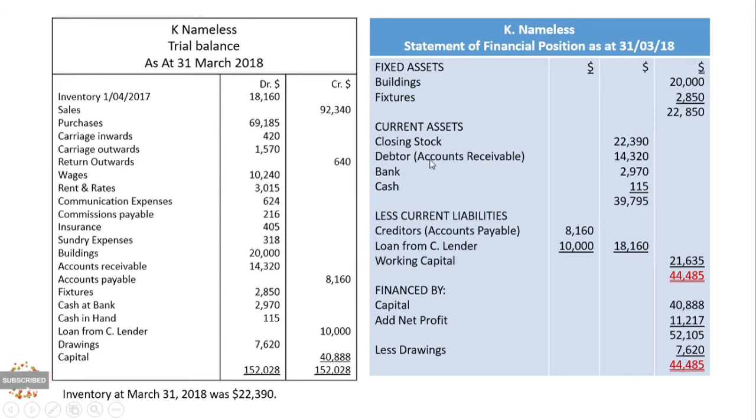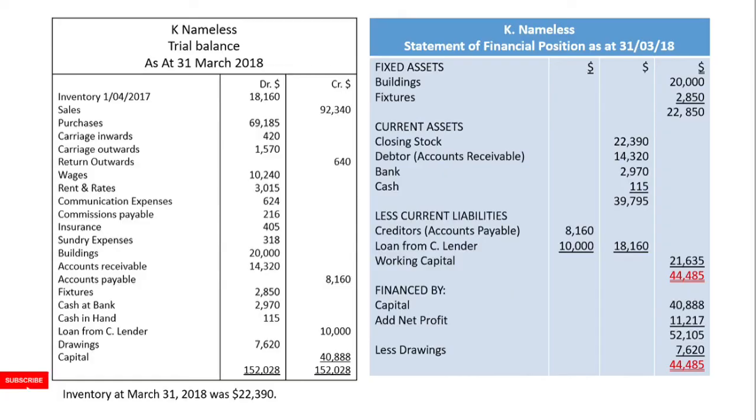Then you have accounts receivable or the debtors, 14,320. Then you have cash at the bank, which is 2,970. Then you have cash in hand, 115. You add all of these current assets, you get 39,795. So far, so good.